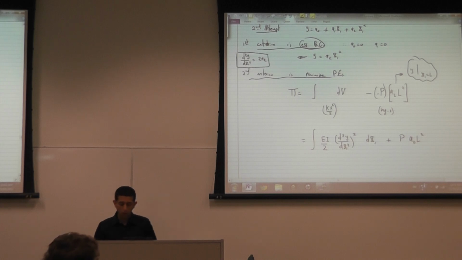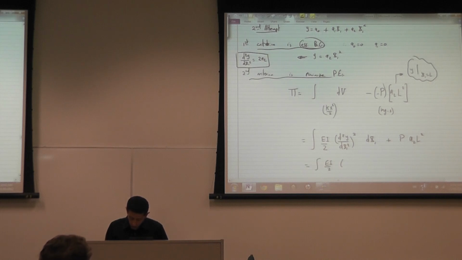The second derivative of the displacement is equal to 2A2, so this is equal to EI over 2 times 2A2 squared dx1, plus P A2 L squared.